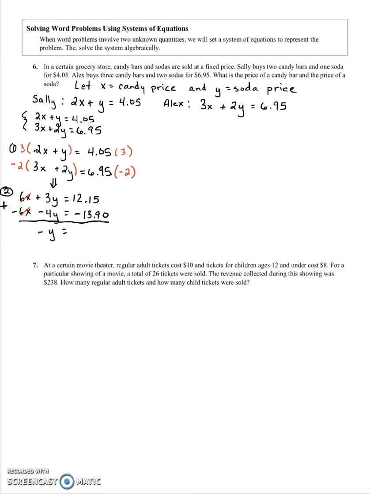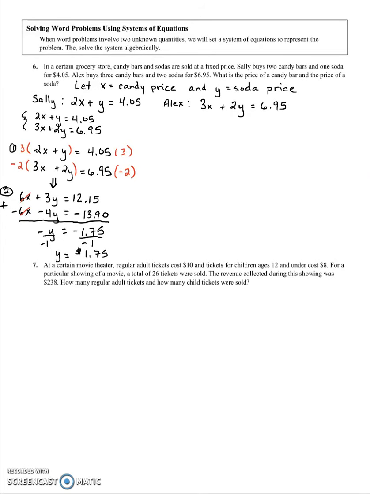And 12.15 minus 13.90 is negative 1.75. So, of course, we have to divide by -1 on both sides to get rid of the negatives, and we have y equals $1.75. So we now know that a soda costs $1.75.